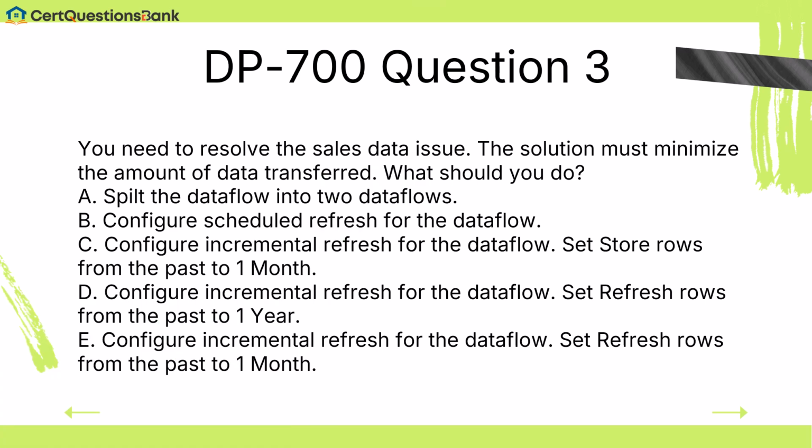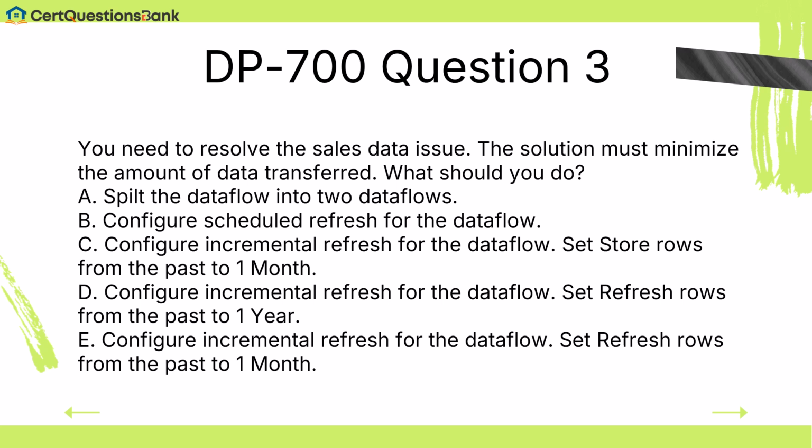You need to resolve the sales data issue. The solution must minimize the amount of data transferred. What should you do? A. Split the dataflow into 2 dataflows. B. Configure scheduled refresh for the dataflow. C. Configure incremental refresh for the dataflow.